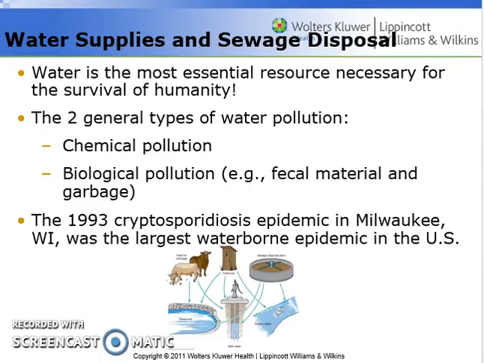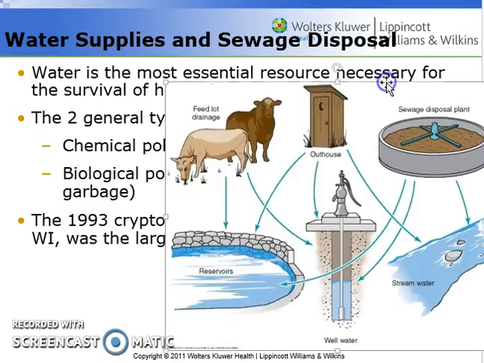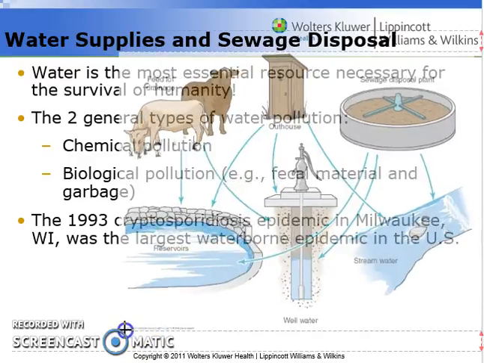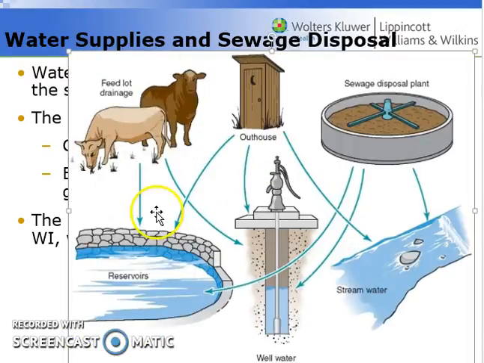One example that occurred in 1993 was cryptosporidiosis, which was an epidemic that took place in Milwaukee. This epidemic occurred through water contamination, and it was the largest waterborne outbreak that has ever taken place in the U.S. What was taking place was that you essentially had sewage being disposed of from a plant that was leaking into water reservoirs.